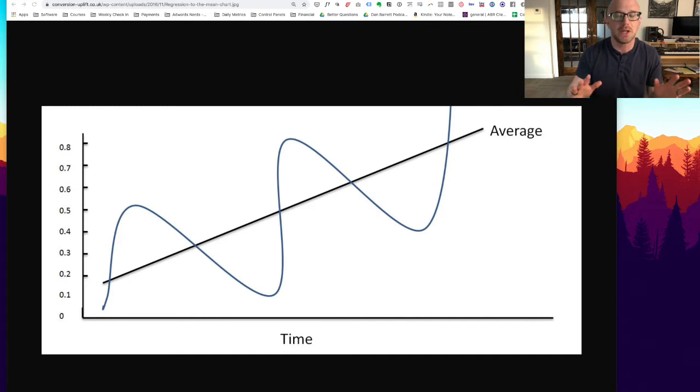Regression to the mean was basically discovered by Sir Francis Galton, who was a polymath. He was studying all sorts of things, including heights, and he noticed that what he expected to see in the statistics, he wasn't seeing. Let's say you have parents that are particularly tall, way taller than average.